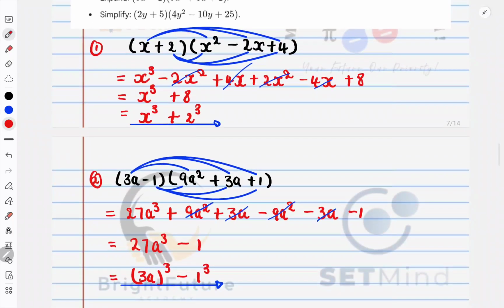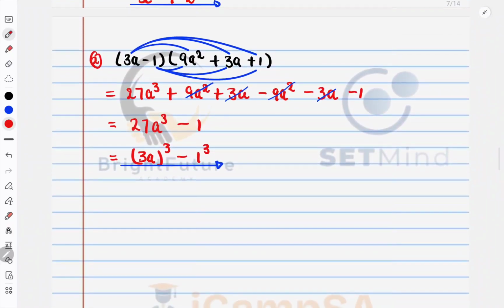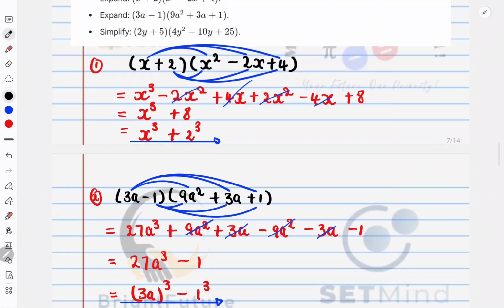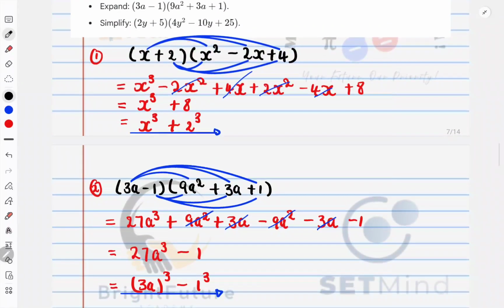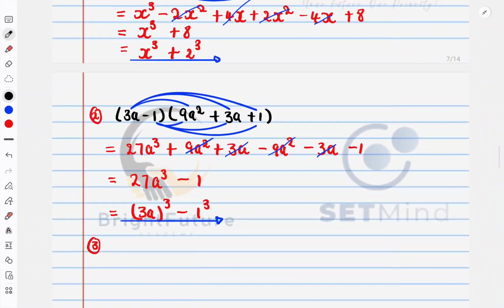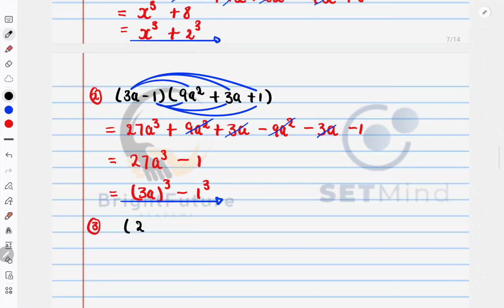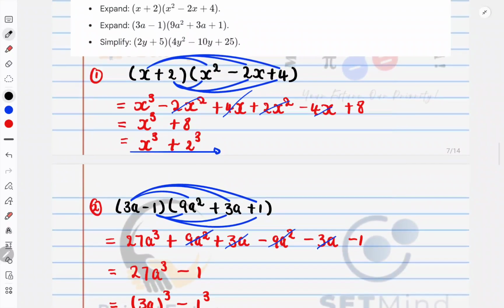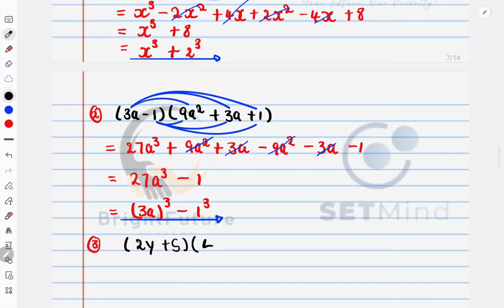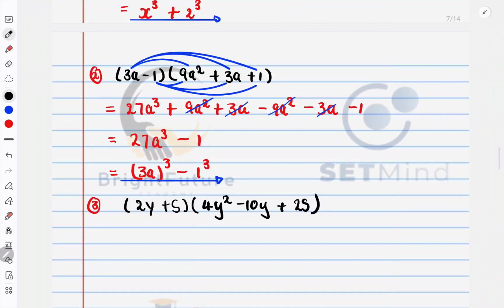Example number 3. We are asked to simplify (2y + 5)(4y squared − 10y + 25).